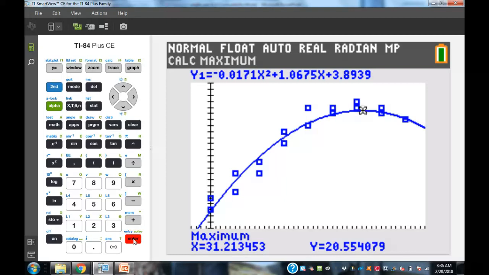So this is the parabola of best fit, the quadratic of best fit. Instead of a line of best fit, we're doing a quadratic of best fit, and then using that to maximize or minimize. Putting this amount of fertilizer yields 20 and a half, almost 21 bushels, which is the maximum there.